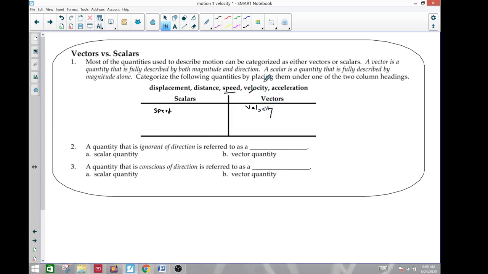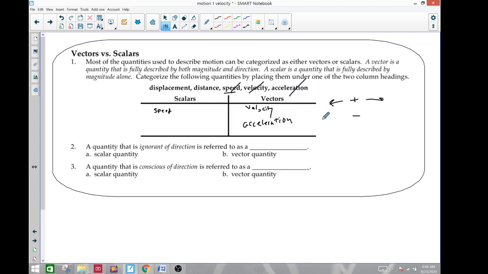Acceleration, you may not know this, but it is definitely a vector. Sometimes a vector can be as easy as just being positive or negative. Positive velocity typically means you're going to the right, and negative velocity means you're going to the left. Acceleration also has positive or negative values. We'll see that coming up.